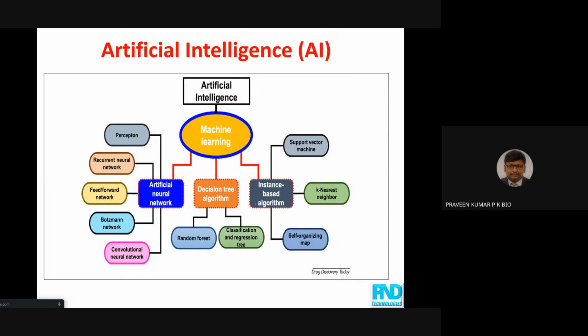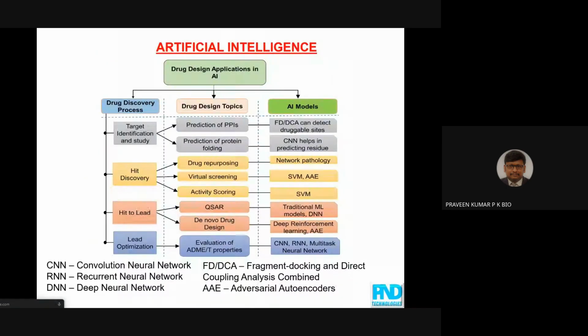We can use all these machine learning techniques for drug design as well as vaccine design, whatever we discussed earlier. This is the slide I skipped earlier: AI drug design applications. Target identification, hit discovery, hit to lead optimization, and whatever methods I showed earlier as computer-aided drug design, all the applications related to drug and vaccine design are developed using machine learning, which is a subset of AI.